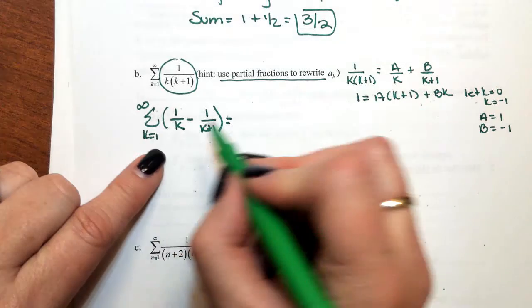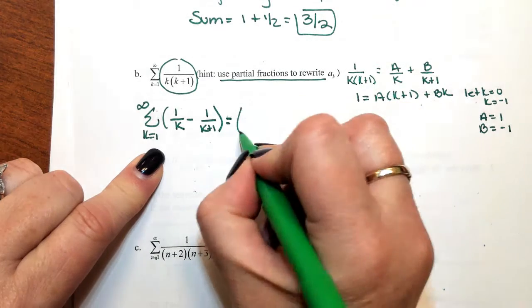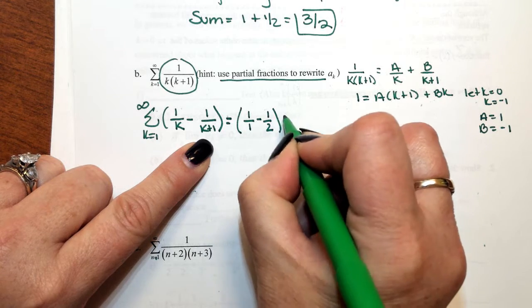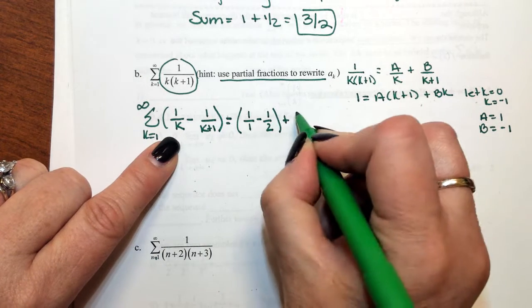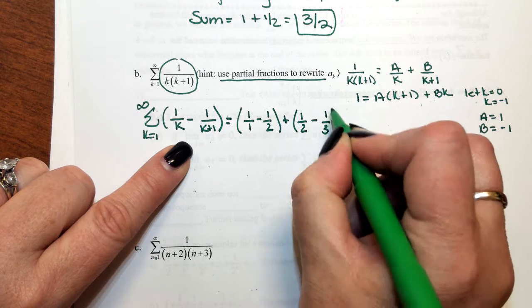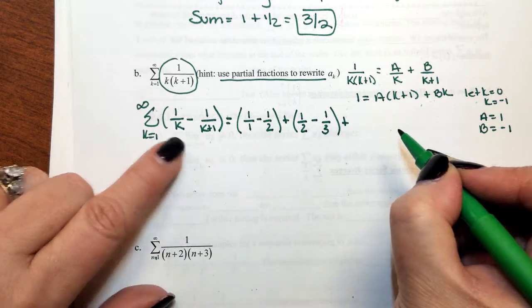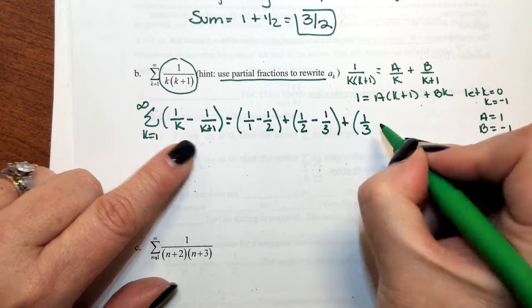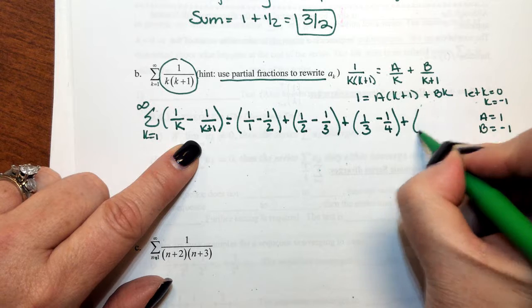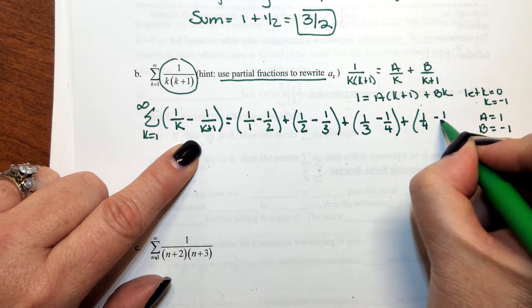So when I plug in 1 for k, that's going to give me 1 over 1 minus 1 over 2. Plus, plug in 2 for k, 1/2 minus 1/3. Plus, plug in 3 for k, 1/3 minus 1/4. Plus, 1/4 minus 1/5.